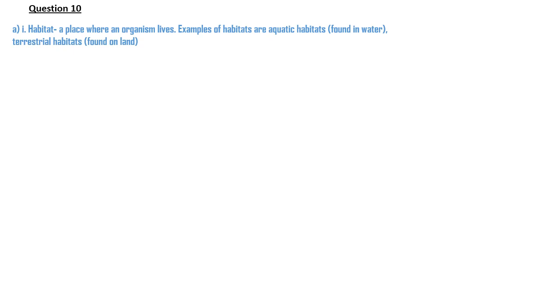Habitat. A place where an organism lives. Examples of habitat are aquatic habitats in water and terrestrial habitats found on land. Community.